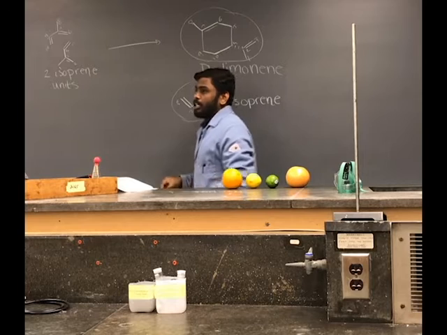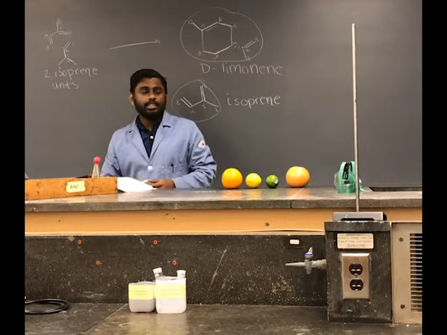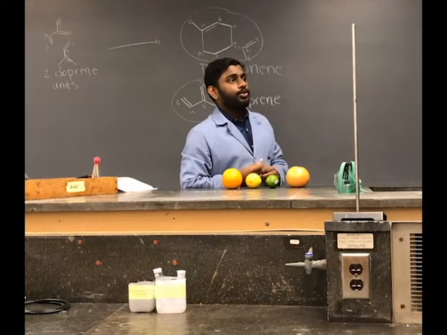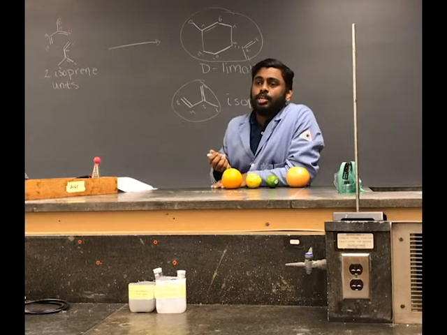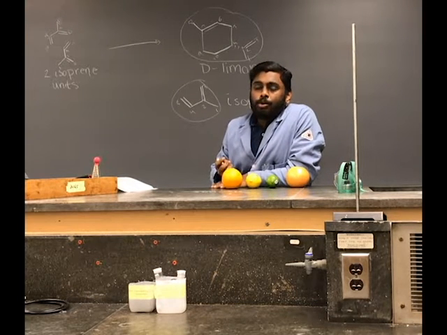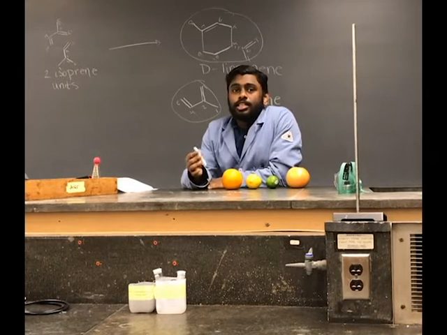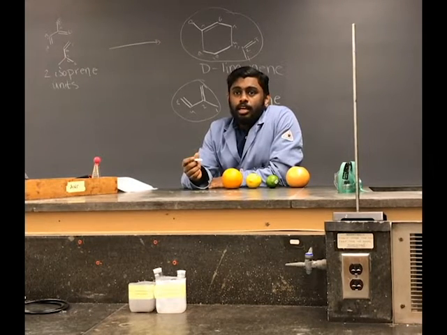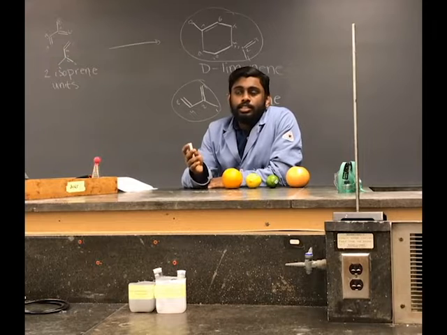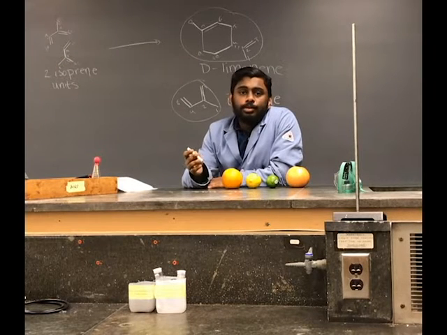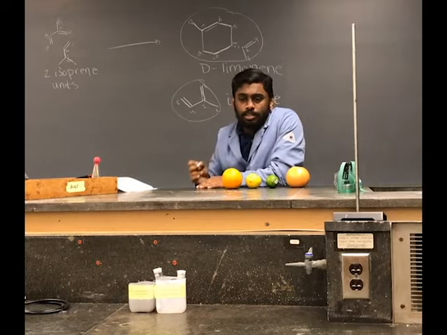You will be provided with a calibration curve, a standard curve. You can use the standard curve to calculate the amount of limonene present in your particular citrus fruit. I'll start with the experiment, and you will learn more about the GC and more about the calibration curve as we are doing the experiment.